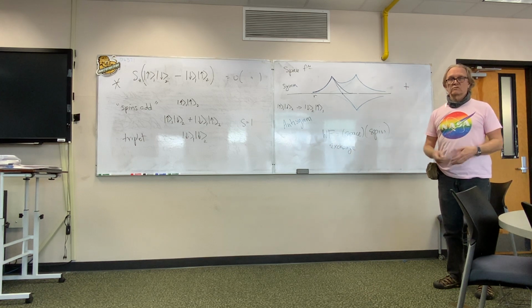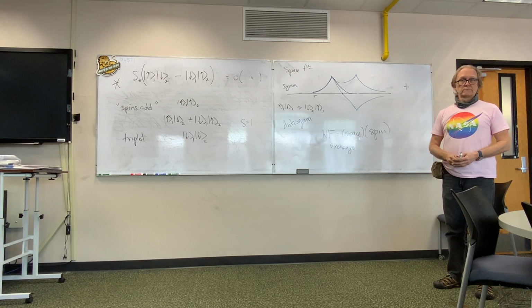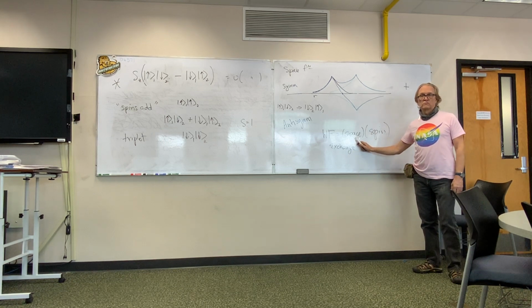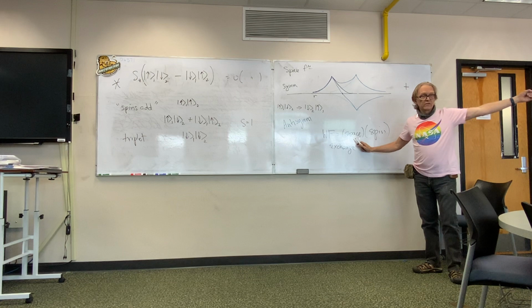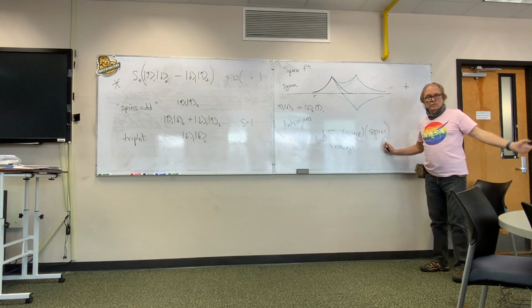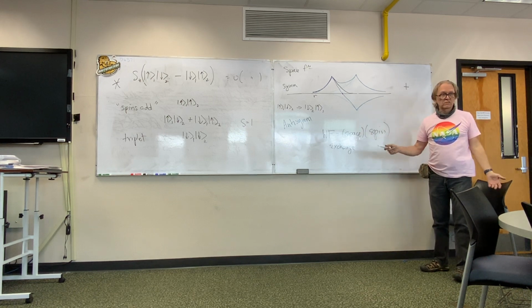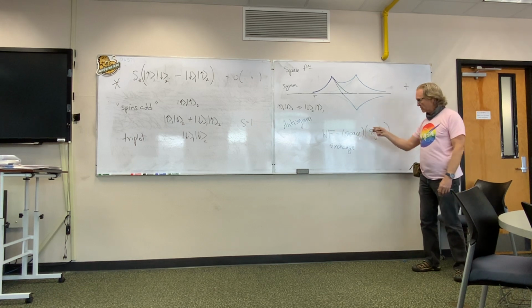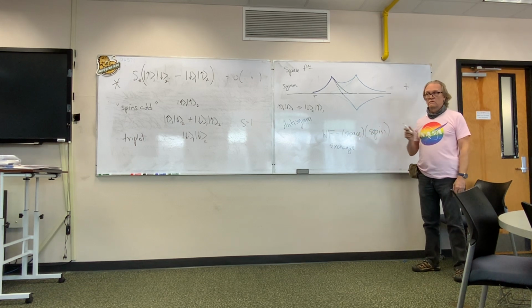Well, what are the options? What could happen to the space function if I exchange particles? It could be symmetric, or it could be anti-symmetric. Spin function, what are its options? Symmetric or anti-symmetric, right? And the product will be either symmetric: symmetric times symmetric is symmetric.